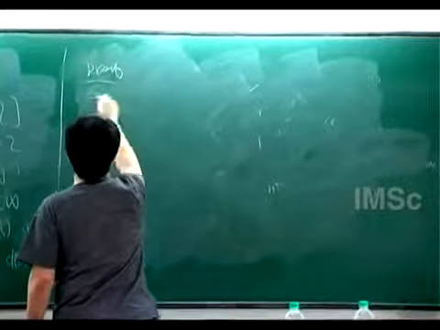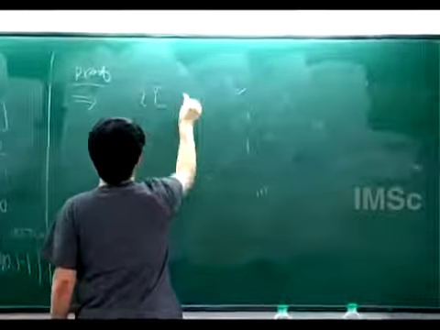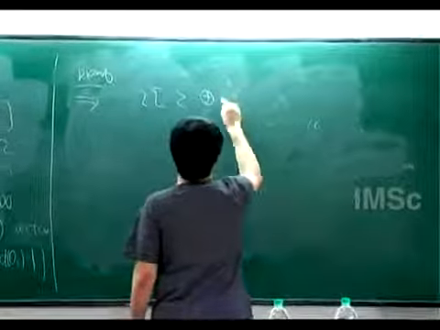For this direction, we've already seen that if N is a fixed point algebra, then iota bar contains the direct sum of the alpha g's.